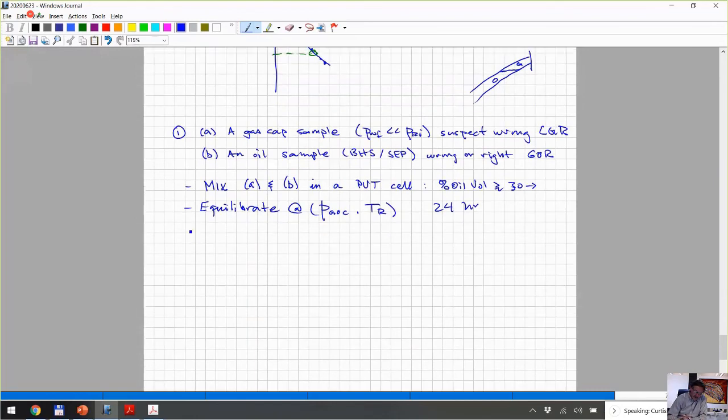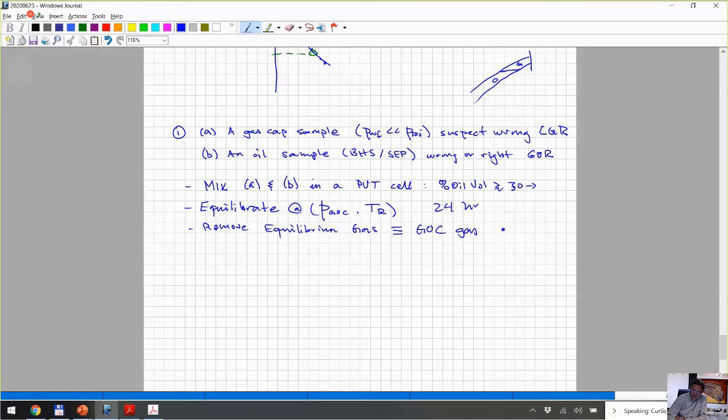It's mixing, it's rocking, it's equilibrating this two-phase system. And then you basically remove the equilibrium gas, and we say that this is essentially equal to the GOC gas.